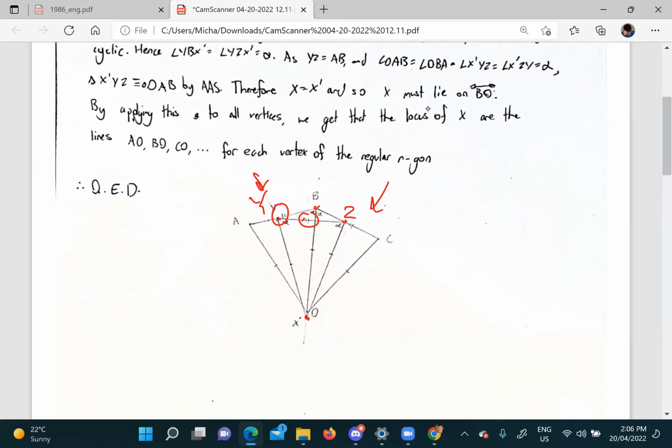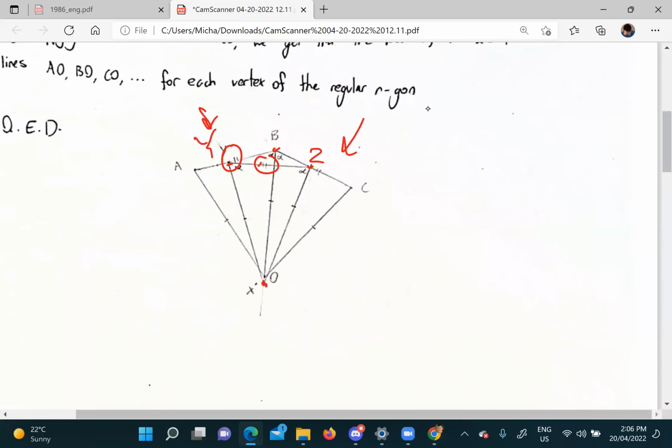Okay, sure. So he's basically said that as Y is between here and Z is between here, the X is somewhere on this line here. Well, I guess the whole line, but yeah.